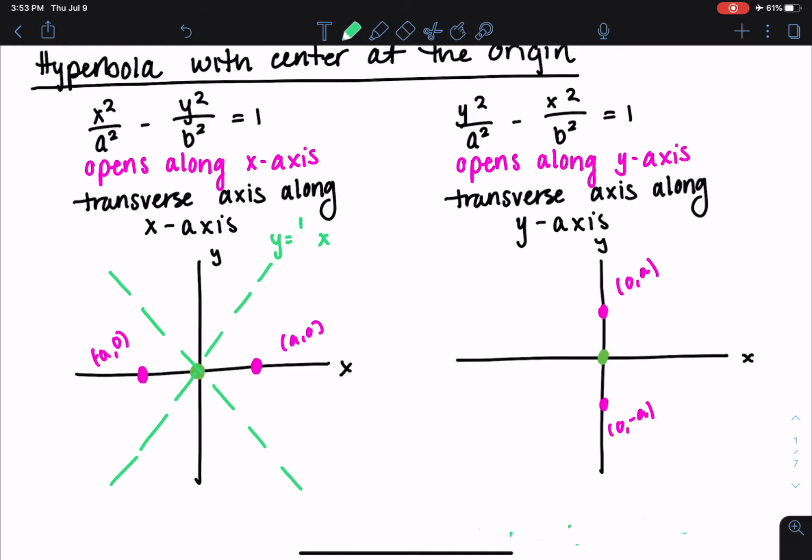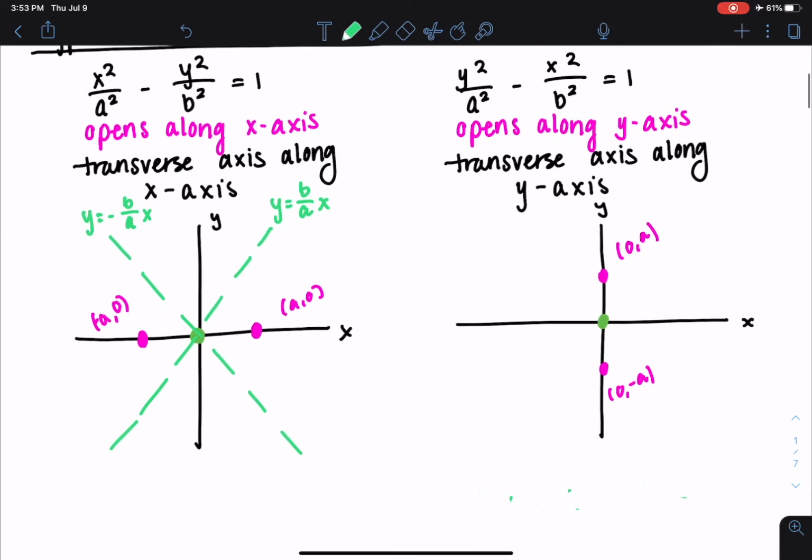You take the value under y, divide it by the value under x. Here it's the opposite slope, so it's the value under y over the value under x. And it's just like your normal slope, kind of the rise over run, dealing with the y's over x's. Same thing here, you're going to have two asymptotes that are going to go through that center point.